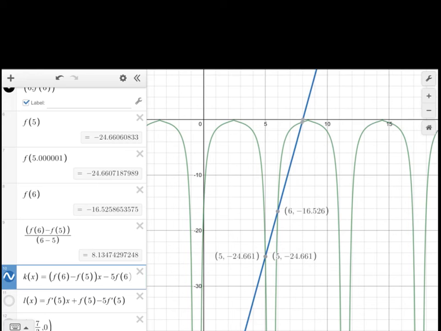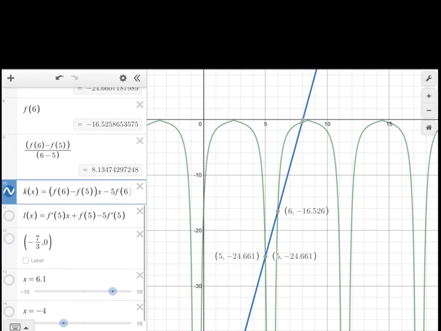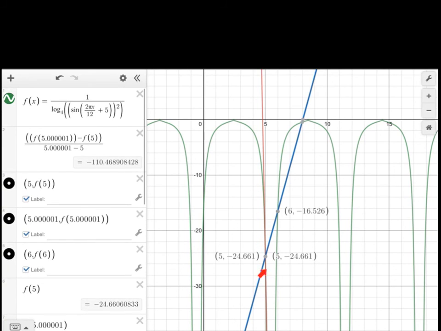And the instantaneous rate of change, if I were to actually continue along this path, the actual slope that I'm at right at 5, well, I would go down in that 1 minute. I would go down 110.47 approximately.